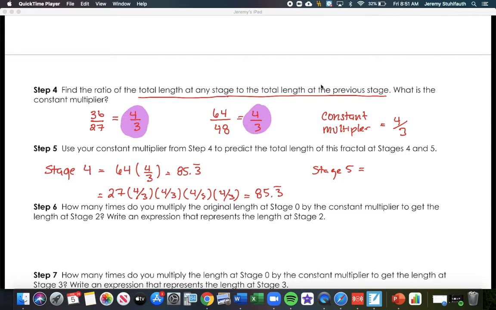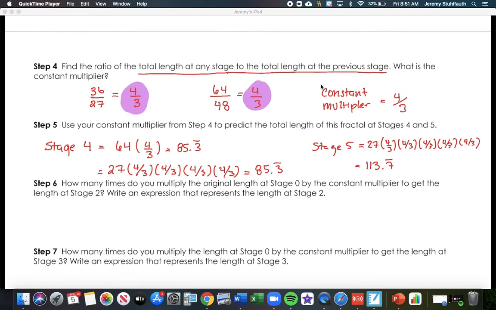So we can take the 27 and multiply it by 4/3 five times. Okay, and what you get is 113.7 repeating.